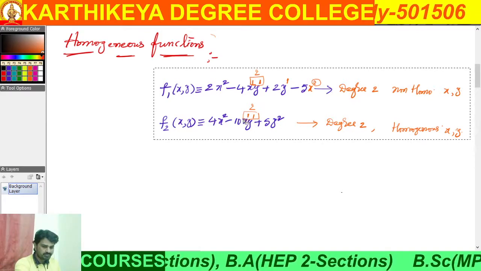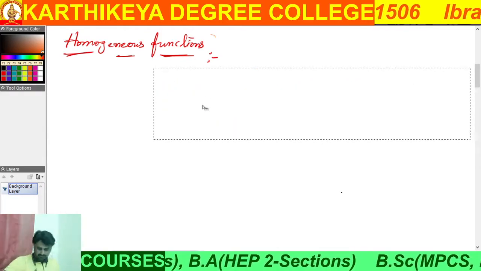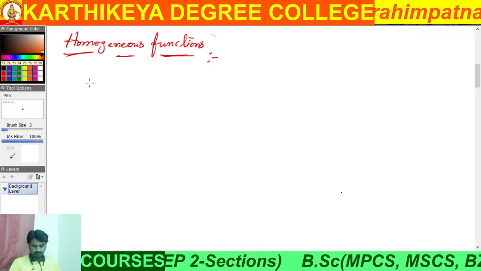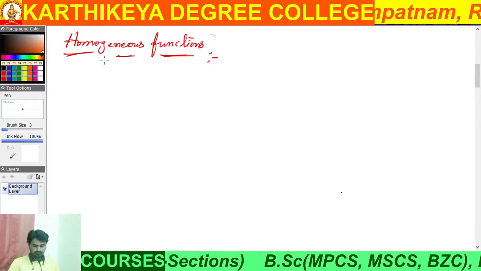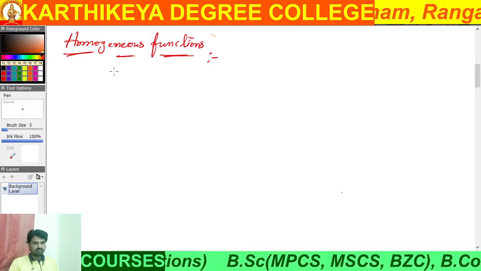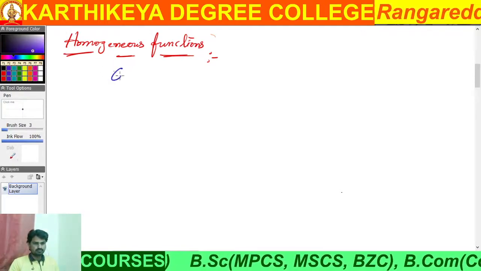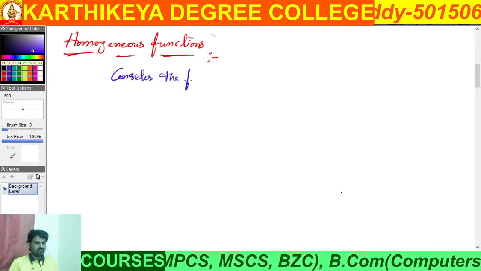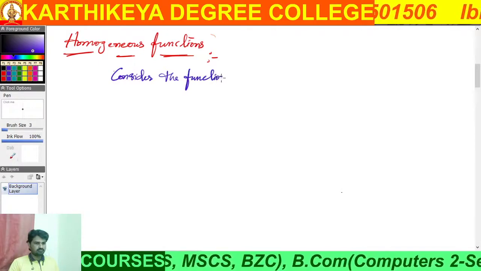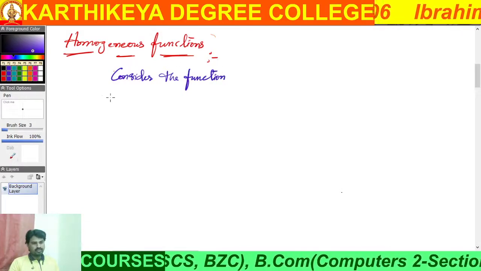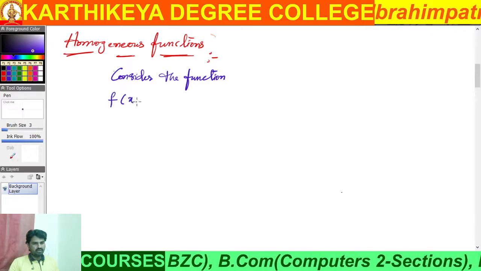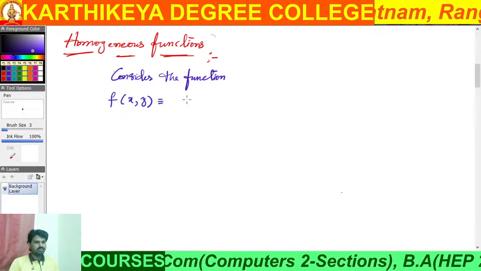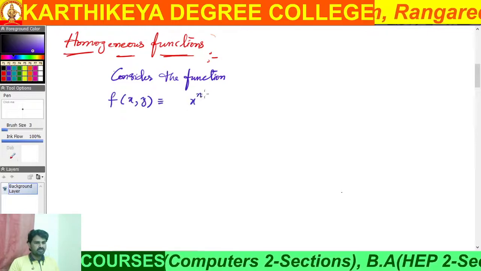Okay students, now consider the function f of xy. Function means you have to write two variables compulsorily, at least two variables. f of xy is equal to, so first I have taken degree x to the power of n.